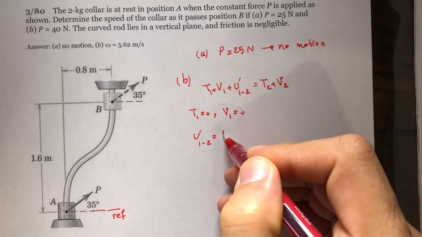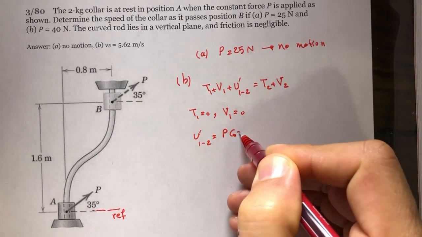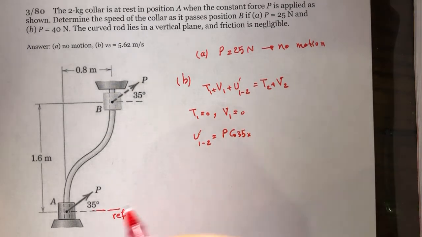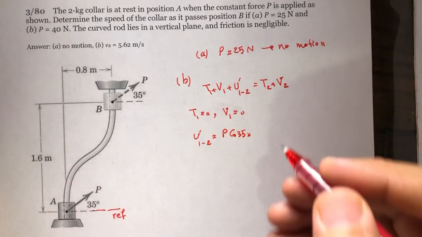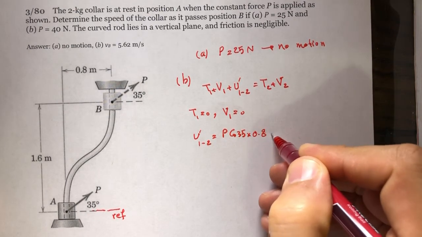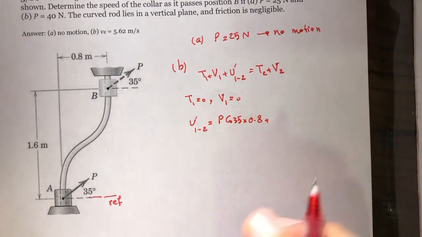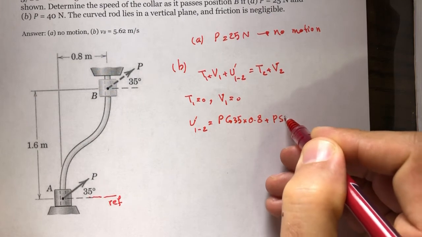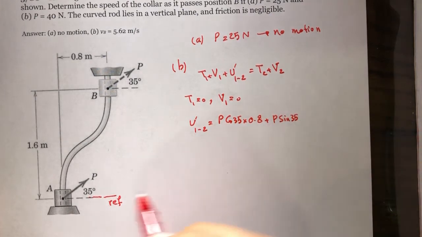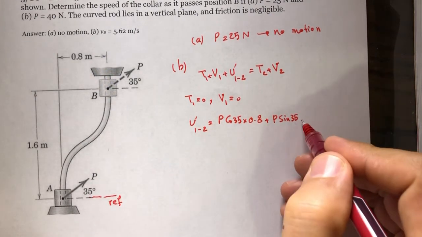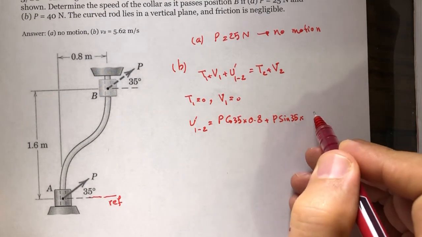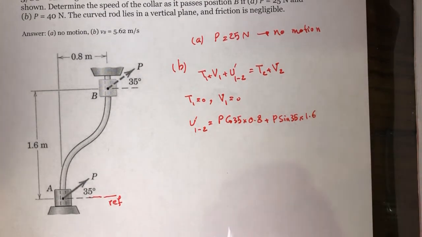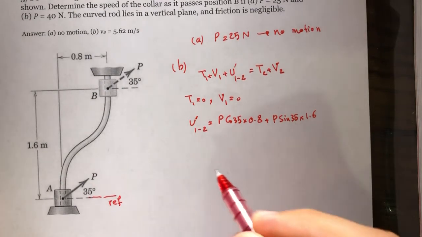So it's going to be P times cosine of 35 times displacement in the x direction, which is 0.8, plus the force in the y direction times displacement in the y direction, which is P sine of 35. That's the component of the force in the y direction, and the displacement is 1.6. So that's going to be U prime.